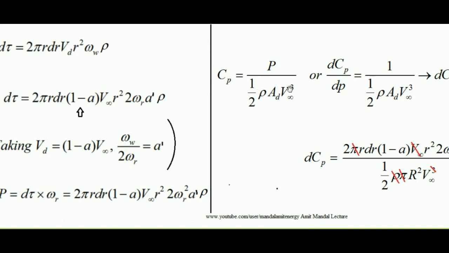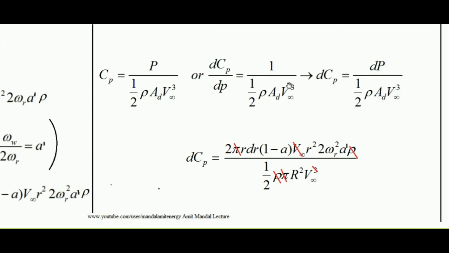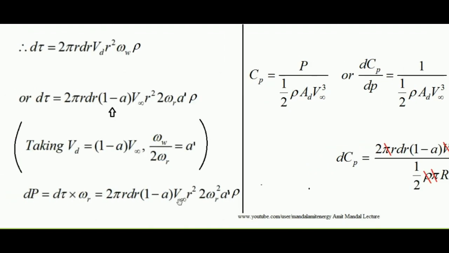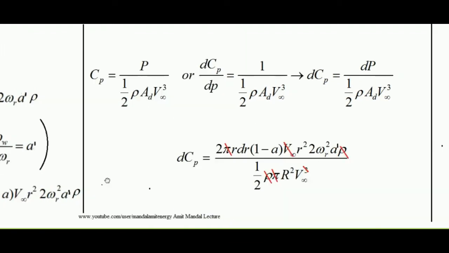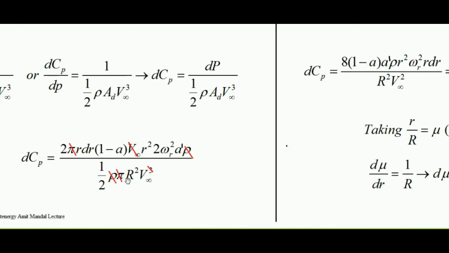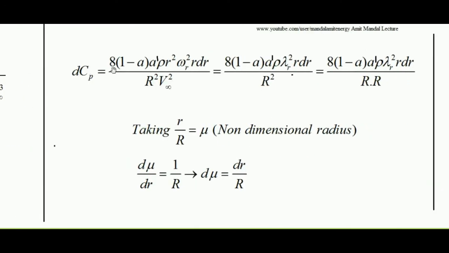So half rho A V infinity cube is the input kinetic power, and over the top it is the output power P. So in case I am differentiating with respect to P, I will get this. So I can write dCp equals dP by this much, but dP we have already found, power developed is this much, so that I have written over here. So I can cancel some terms, so ultimately I will get dCp equals this much.